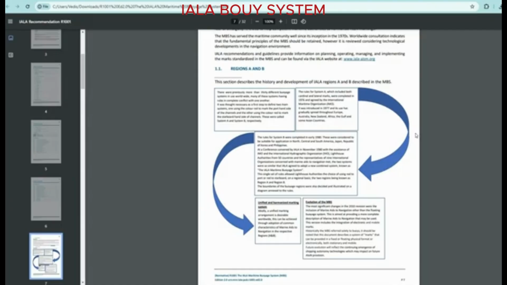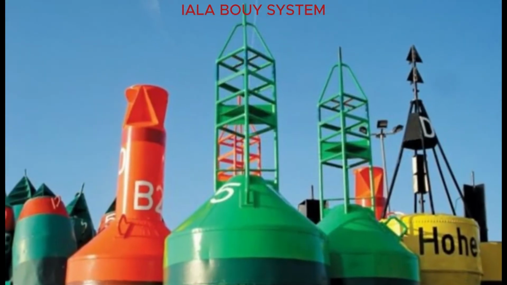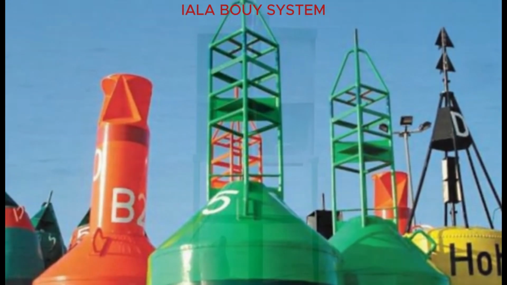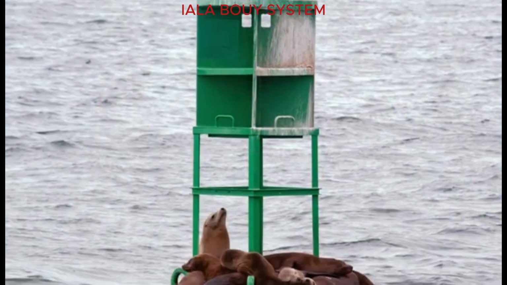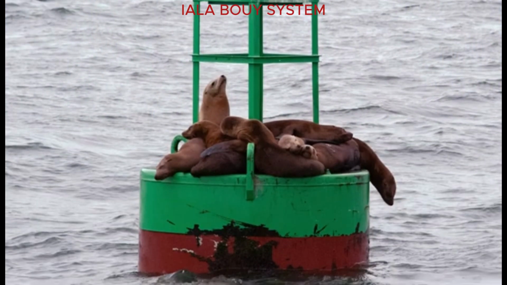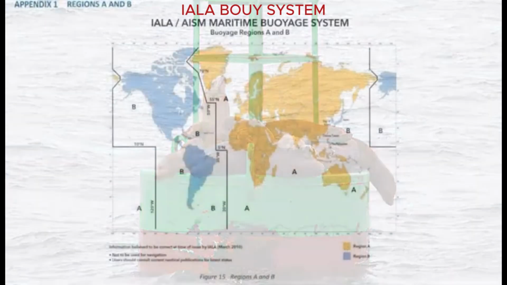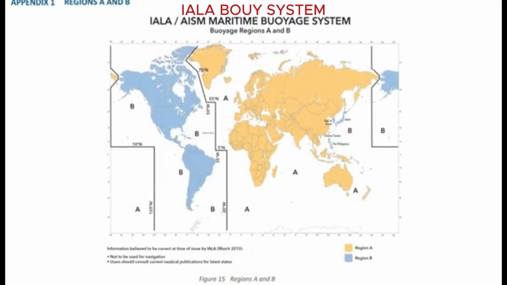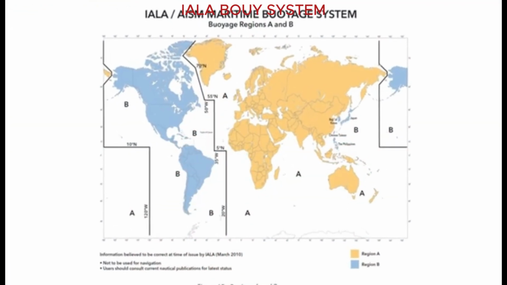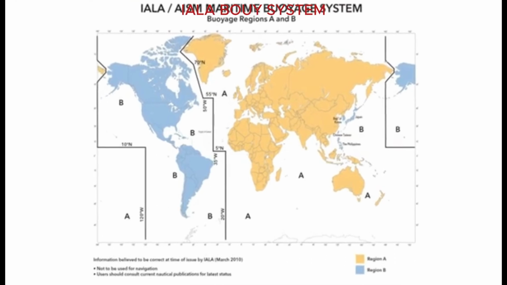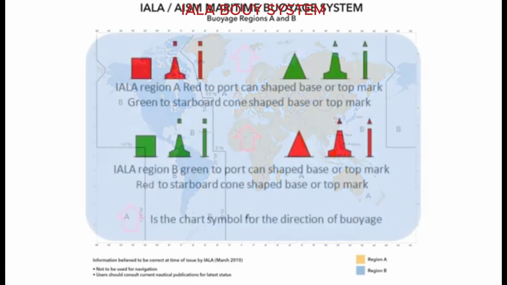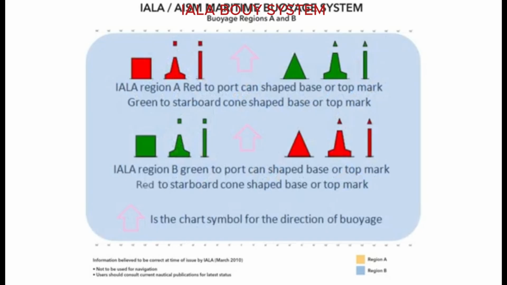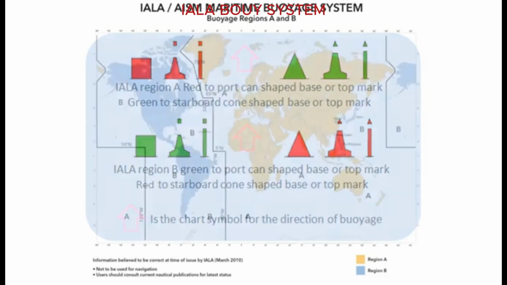In case you didn't know, there were previously more than 30 different buoyage systems in use worldwide, many of these systems having rules in complete conflict with one another. So it was decided to find some solution, and the result was the IALA Maritime Buoyage System. This single set of rules allowed lighthouse authorities the choice of using red to port or red to starboard on a regional basis, the two regions being known as Region A and Region B.